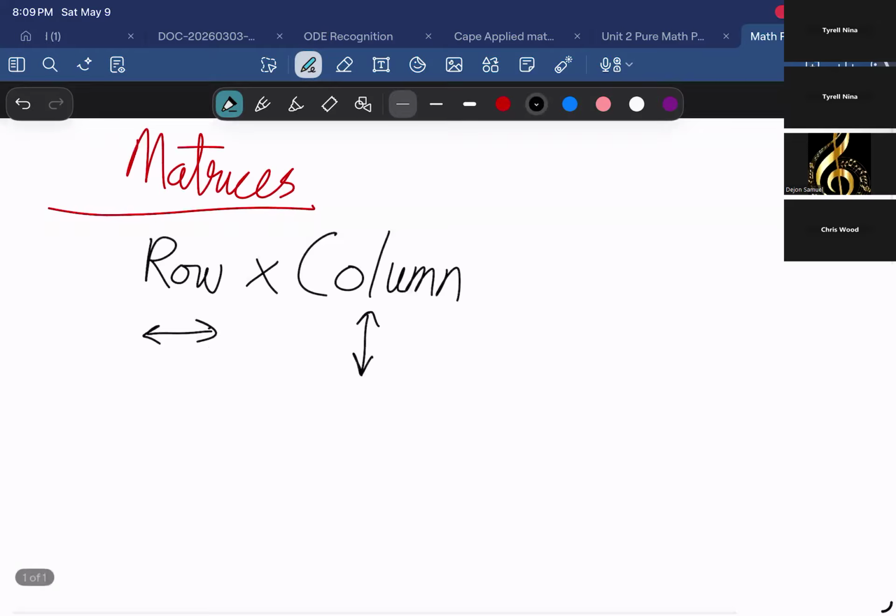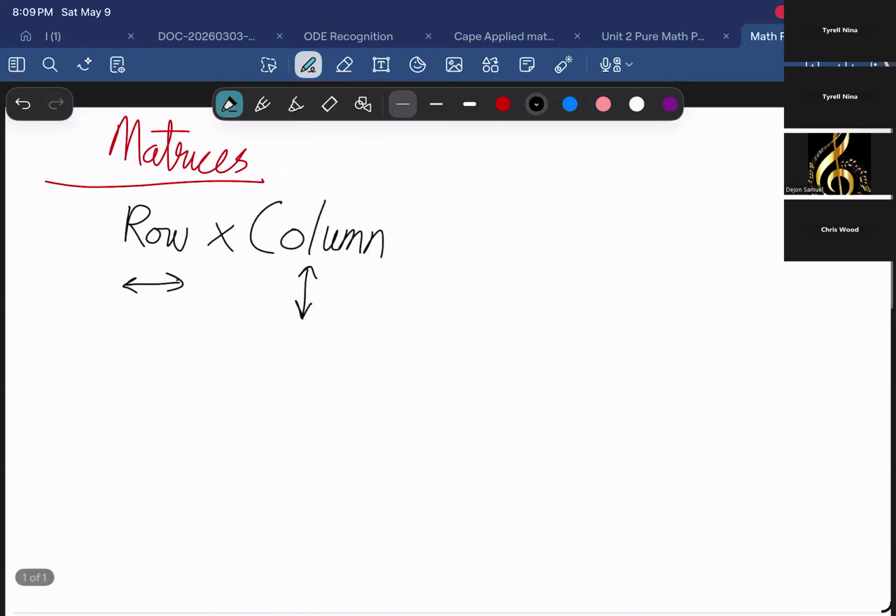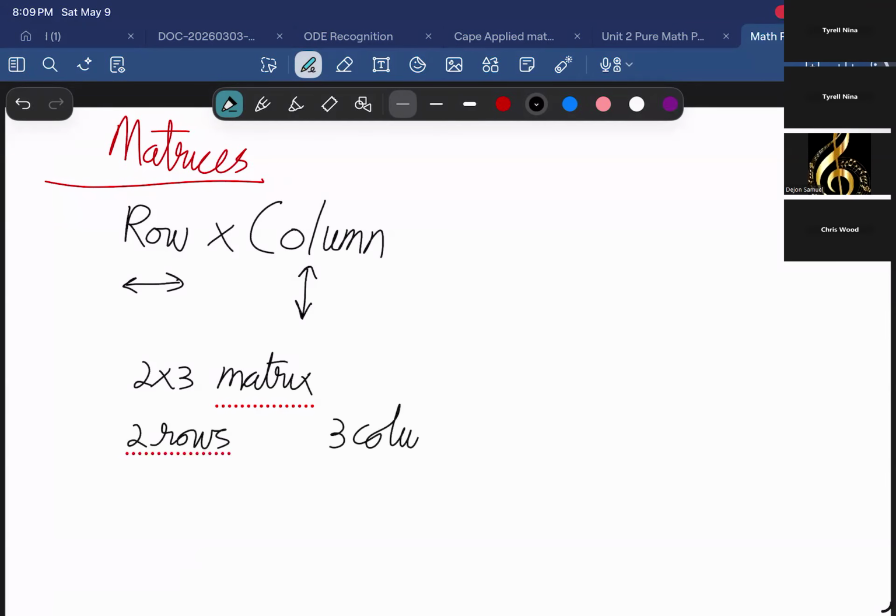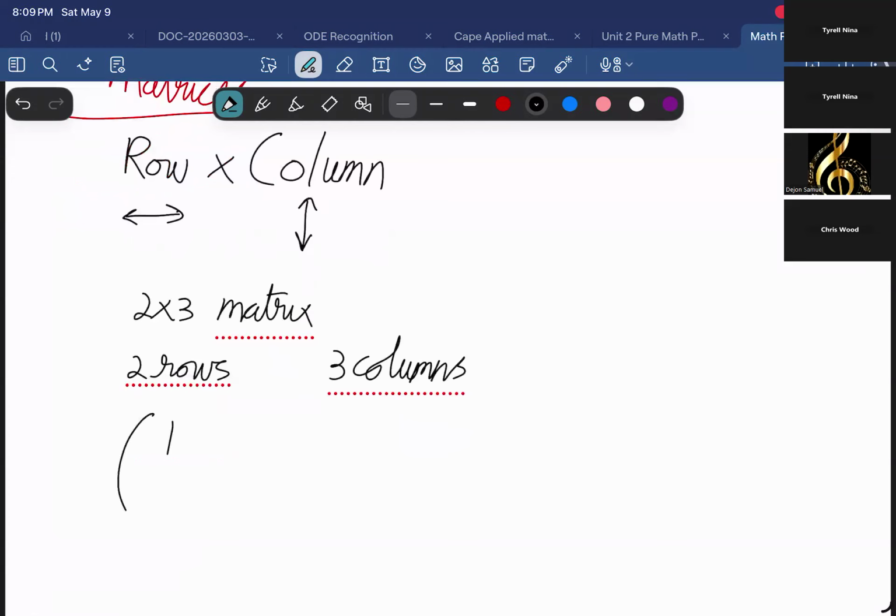So let's say I have a 2 by 3 matrix. We have two rows and three columns, right? And it looks something like 1, 4, 7, 2, 5, 9. Right?